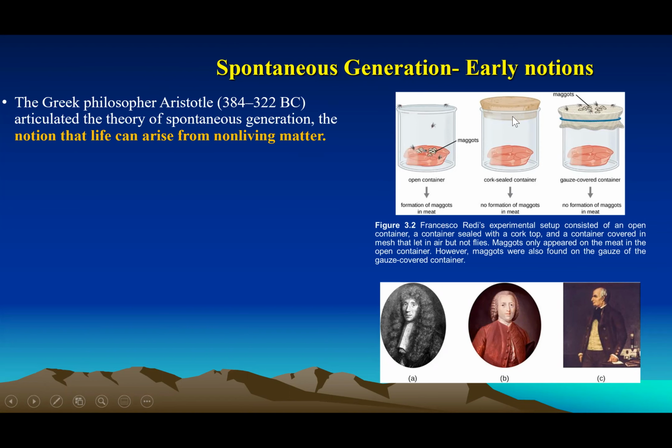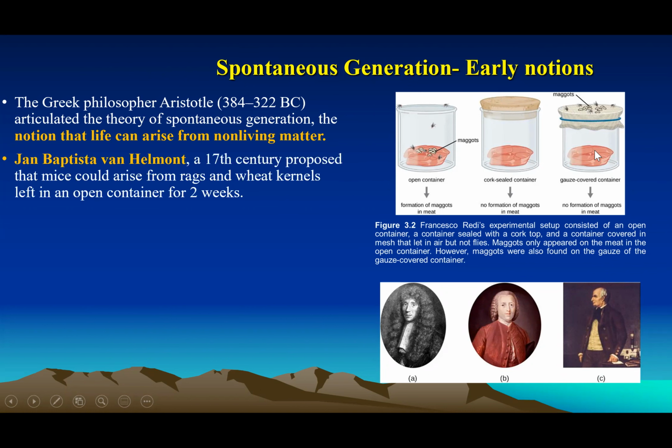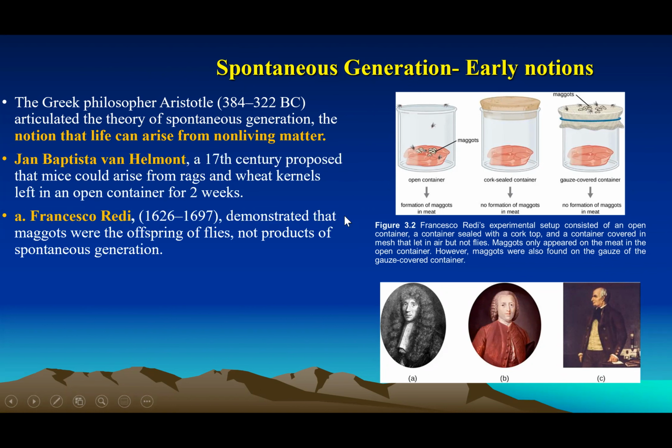But if it's sealed tightly, either with a cork or with a mesh, the flies were not able to get in, and there were no maggots in the meat. So he demonstrated that maggots were the offspring of flies and not spontaneous generation.